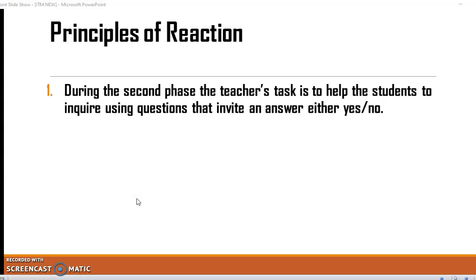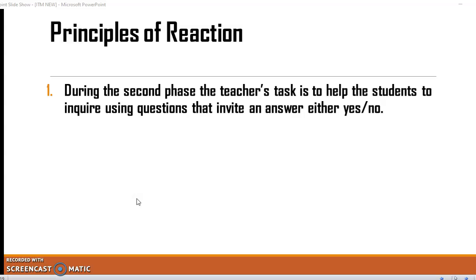It can also be an experiment where you keep two solutions in front of them and make use of litmus paper, put that litmus paper in the water and the given solutions A and B, and show them the change that has occurred in the litmus paper. And after showing that demonstration to them, which is a puzzling situation because they know nothing about the concept of acids and bases, you need to encourage them to ask questions about that given experiment, which would elicit an answer either yes or no.